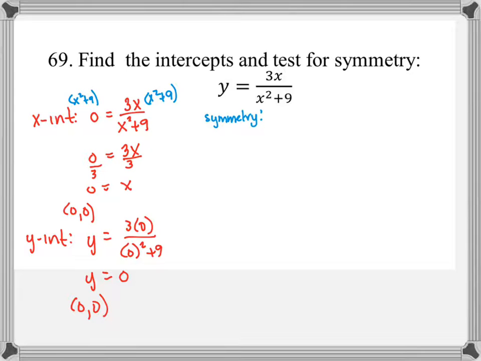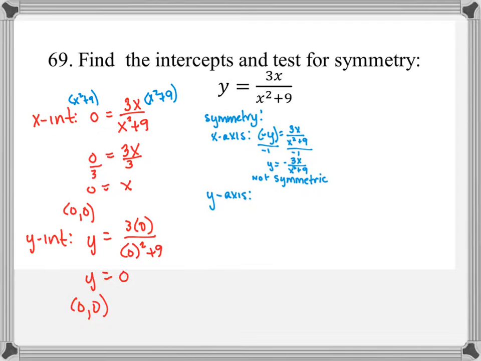Checking for x-axis symmetry by substituting in the opposite of y, we get the opposite of y equals 3x over x squared plus 9, dividing both sides by -1, y equals negative 3x over x squared plus 9. This is not the same equation that we started with, so this is not symmetric with respect to the x-axis.